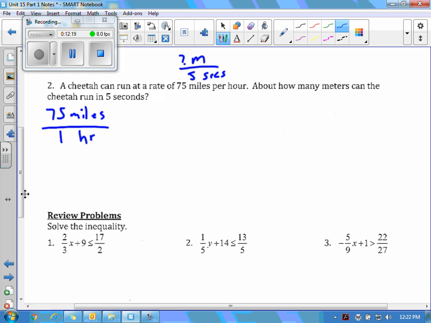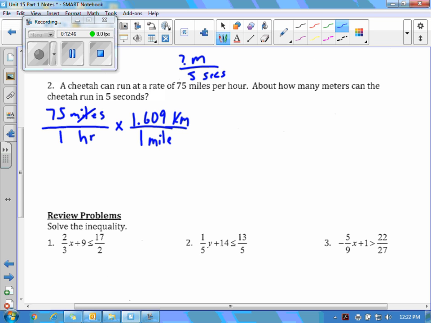I'm going to work on the miles to meters first. Now again, you can use your textbook for the conversions. There is no conversion from miles to meters, but there is a conversion from miles to kilometers. So miles is in the numerator, the first one, so it's going to go to the denominator of the second one. 1 mile is equal to 1.609 kilometers, approximately. So I start there.